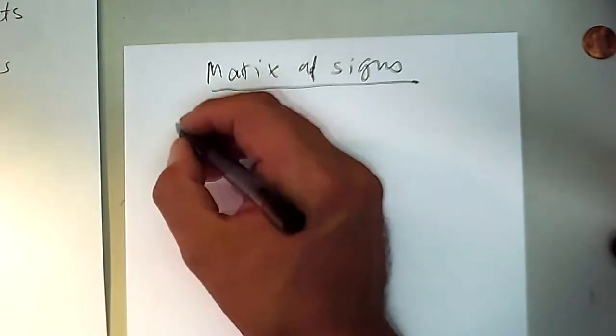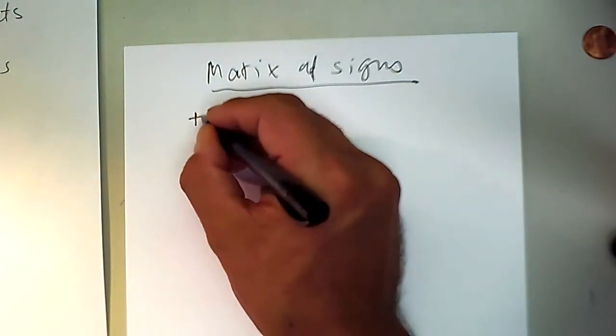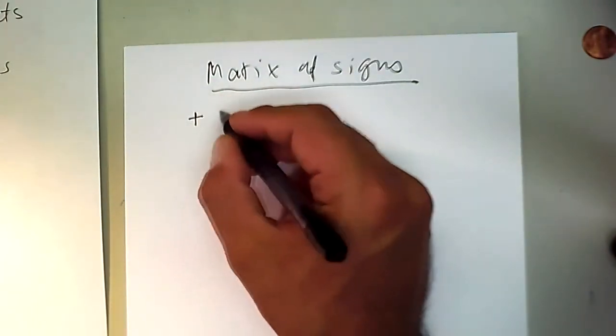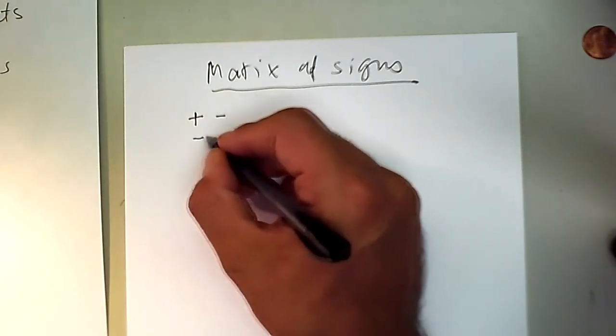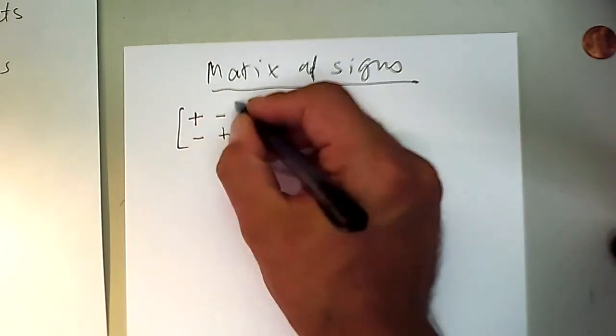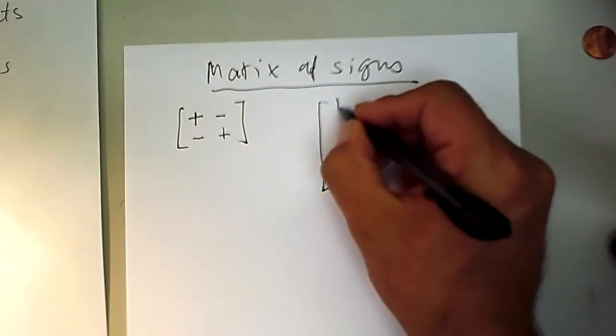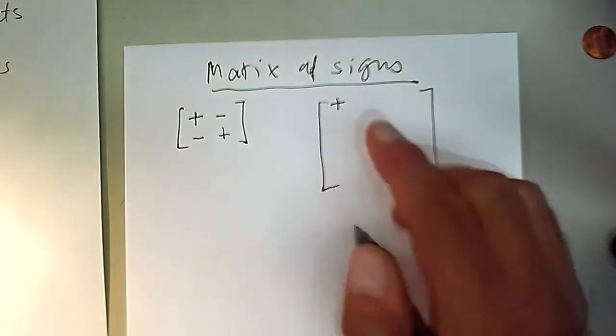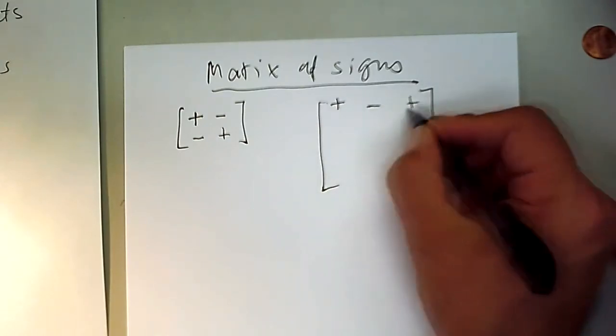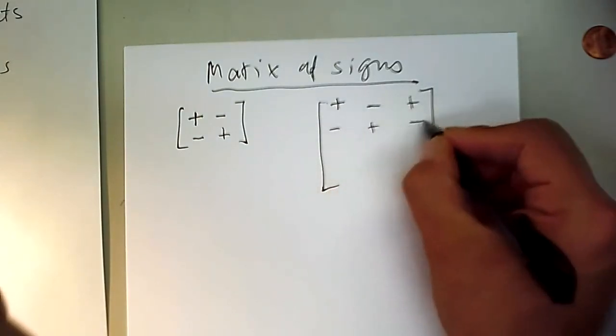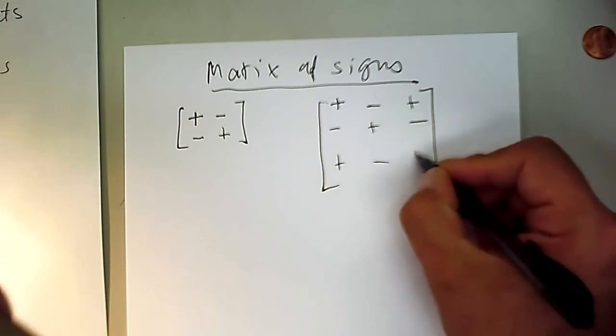So the 2 by 2 matrix of signs is going to start with the upper left corner being a plus and then alternating. A 3 by 3 starts with the upper left corner with plus and then everything else alternates: minus, plus, minus, plus, minus, plus, minus, plus.